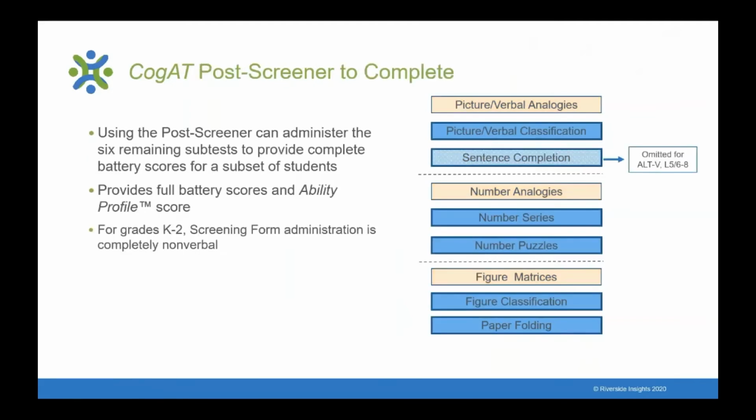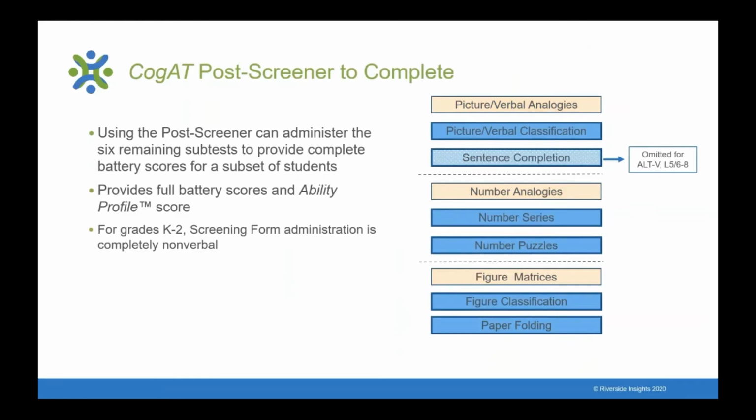Once you've used the screener, then you have the option to use the post-screener or the completer form. And that basically just fills in the other 6 tests that aren't part of the screener and allows you to get the 3 COGAT battery scores that are so useful for planning instruction and for having these flexible identification systems.